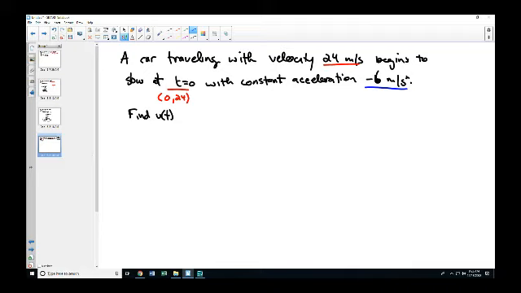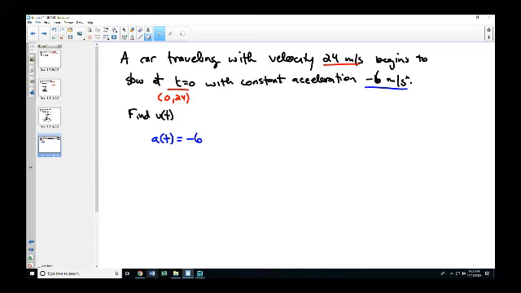So we can actually write a function for acceleration. No, it's a constant. Sorry. Constant acceleration. Not dependent upon time.